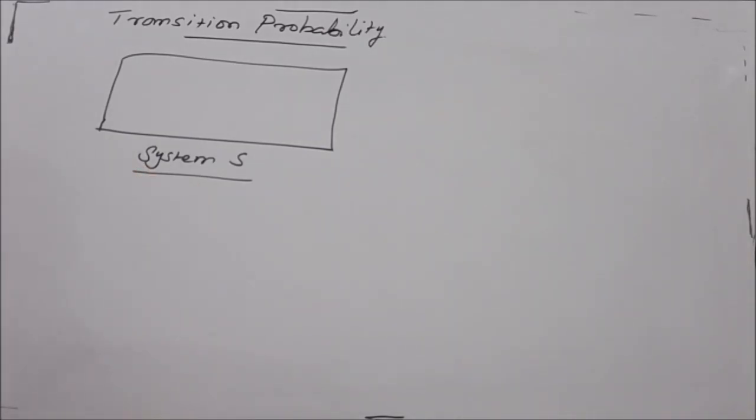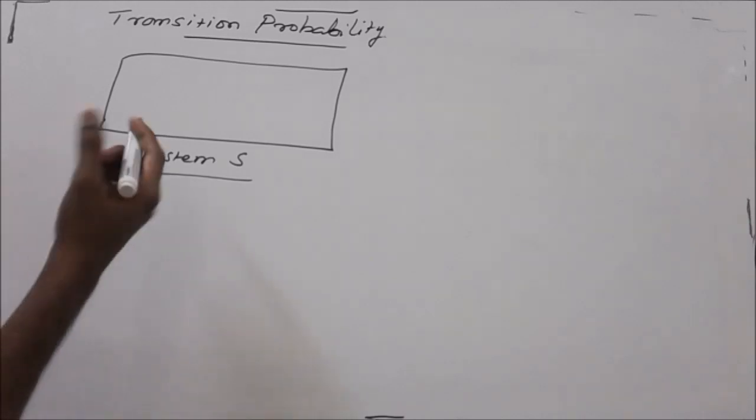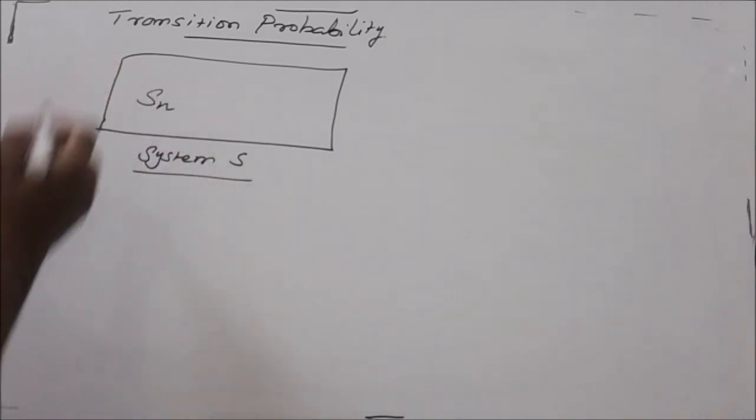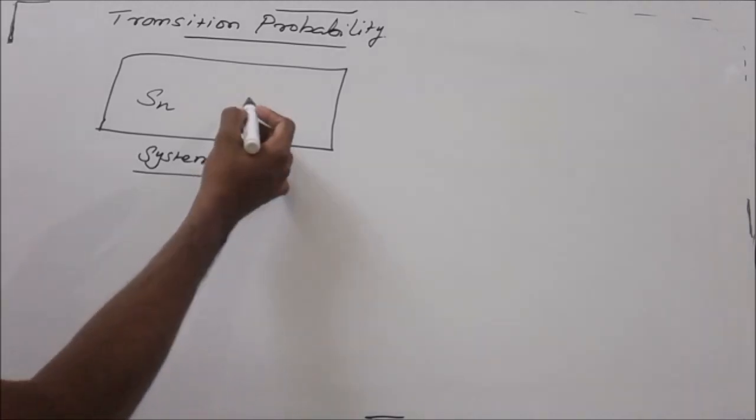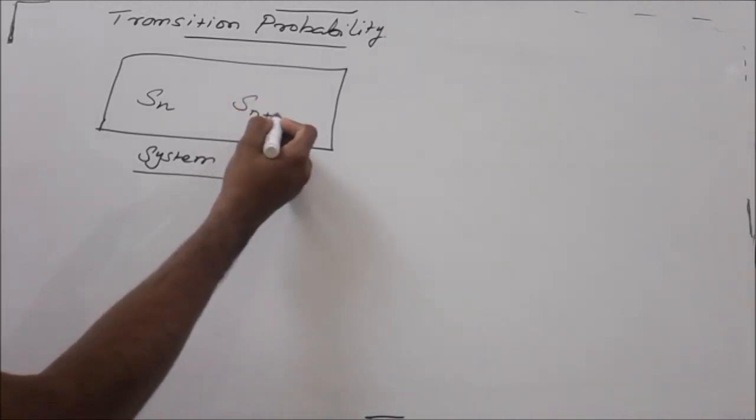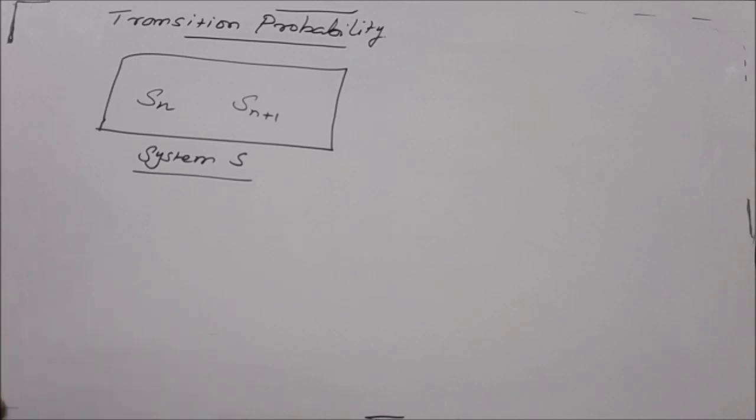If an event occurs at a specified time in the system, it is Sn, and after a unit of time another event occurs, that is Sn plus 1.